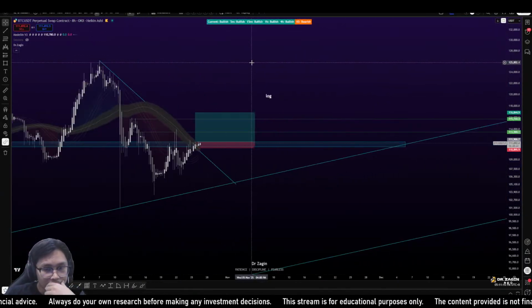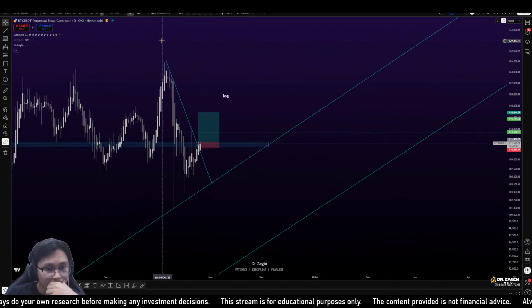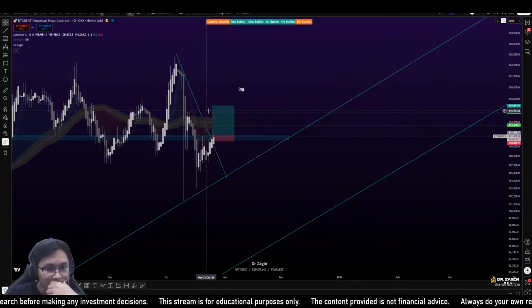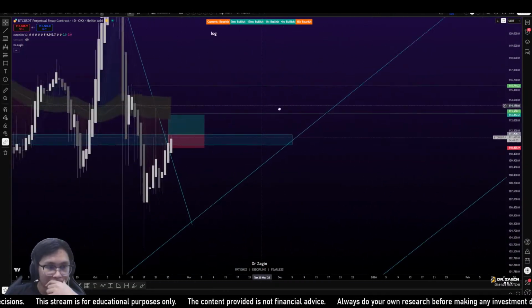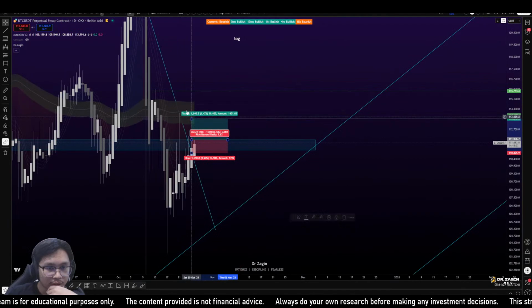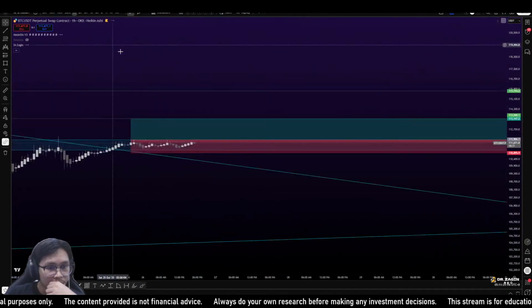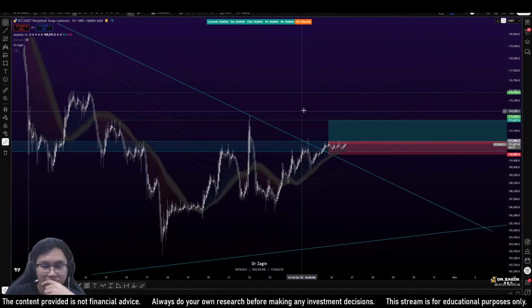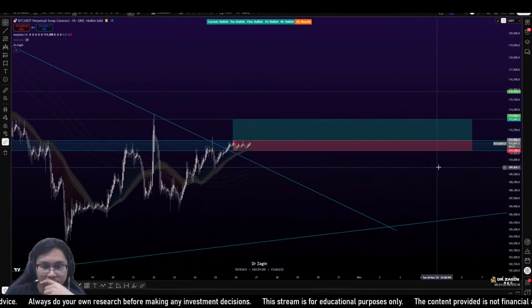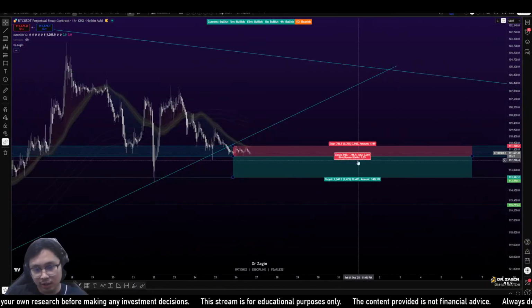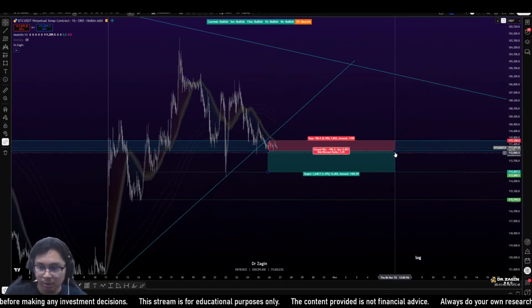So I'll go 8 hours, 1 day. If I were to trade this, I would play safe. So let's just say this would be my, okay, there you go. That's a good RRR, risk reward ratio, 1:2.